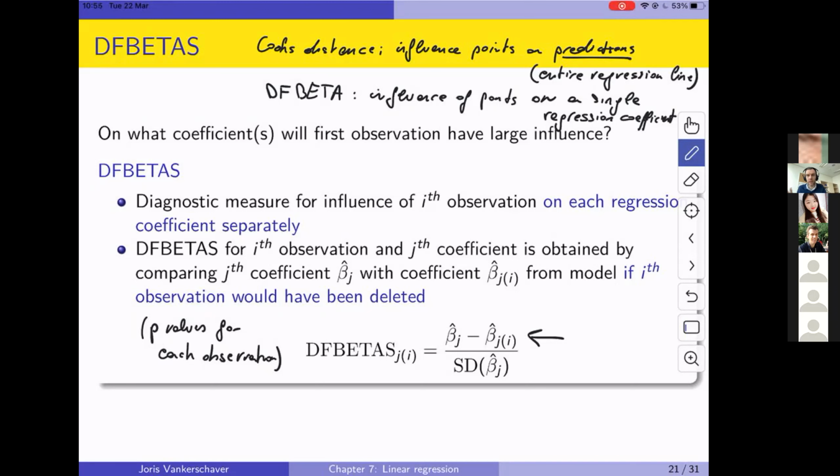And that difference by itself is already informative, but then we also normalize by using the standard deviation of the estimate for the full model, so the standard deviation of beta j. So here we have the difference of model coefficients in the numerator.